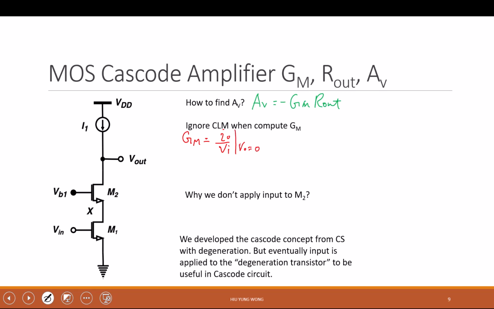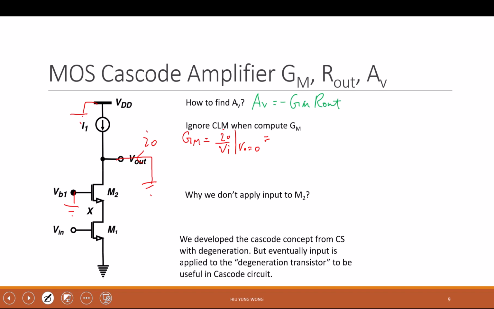Okay, so here I'm going to follow what you said. I'm going to ground the V out, and I'm going to measure the output current. Remember, by definition, I out is going into the circuit. Okay, I need to ground the VB1. I need to ground VDD. How should I treat the constant current source I1?